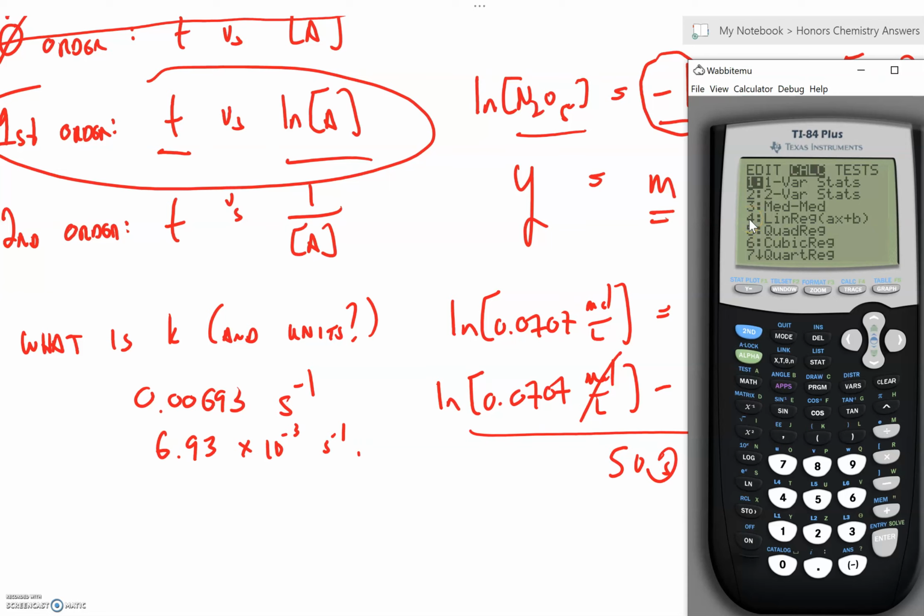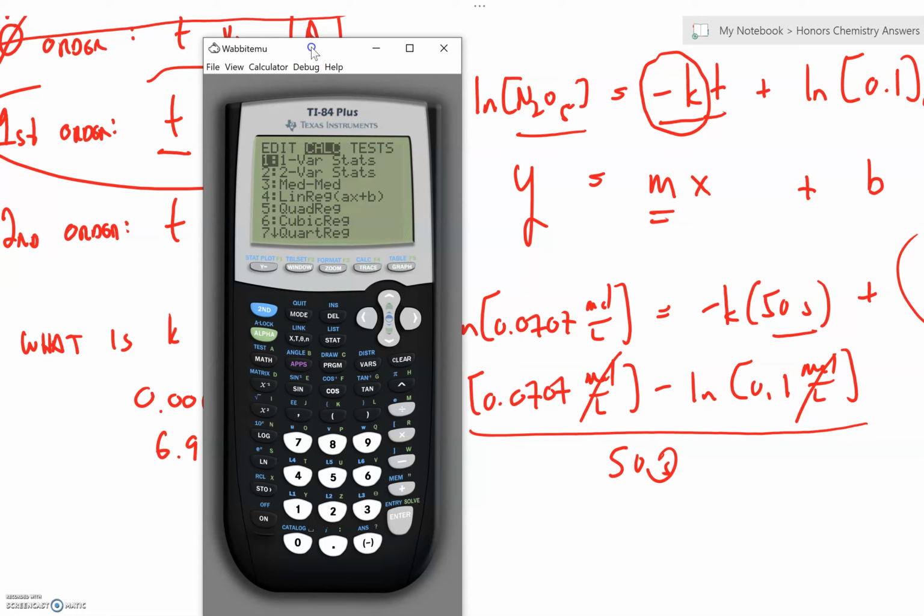And notice that number 4 says linear regression, and that this AX plus B sure looks a lot like MX plus B. So if that's the case, then clicking number 4 should give us a linear regression where the slope is our value for K. And then you don't have to solve using the equation. So let's see what happens.